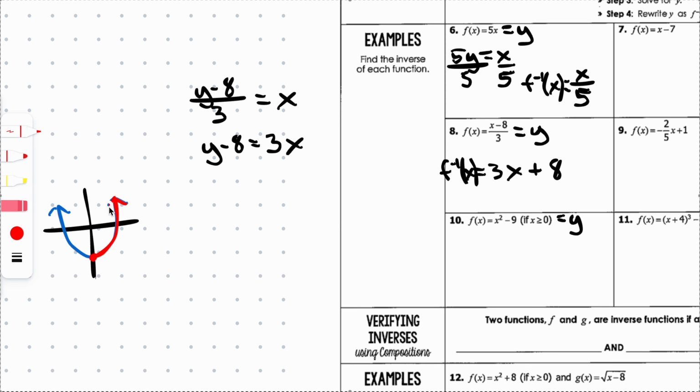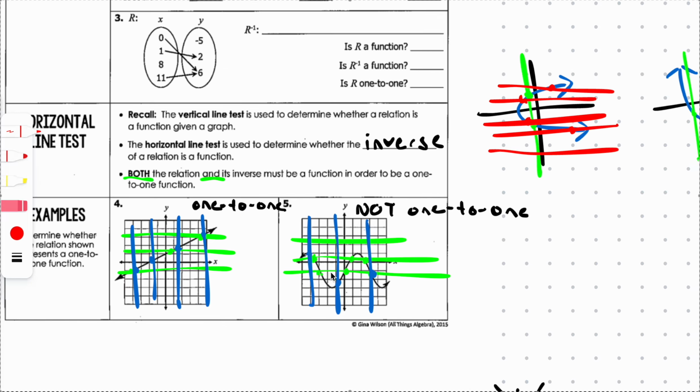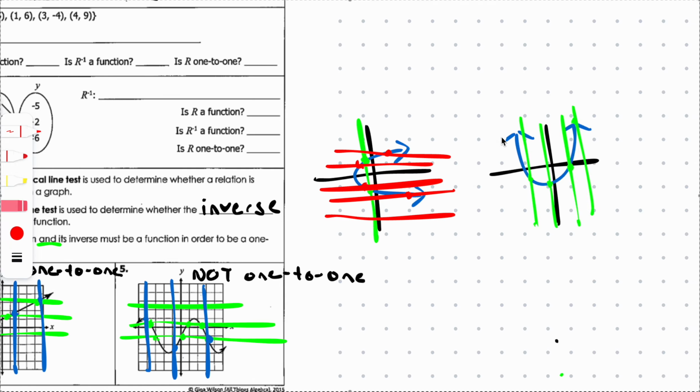And why it's important to say that it's only everything from here on out is because if we go back here, when we take the inverse of this function, of this parabola, we end up putting our parabola on its side. And we'll talk a little bit more about the graphs of inverses. But once we put it on its side, now it all of a sudden does not pass the vertical line test because it intersects twice, right, at all of these points.